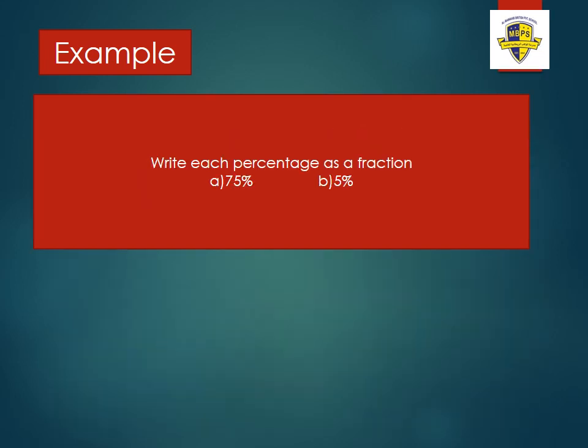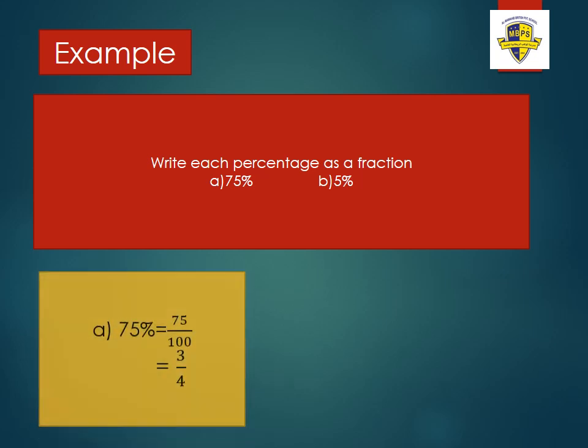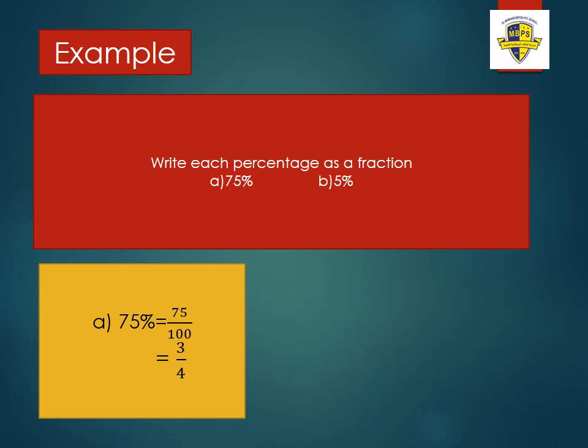Now we have another example. In this example, it asks us to convert percentages. It says, write each percentage as a fraction. A, 75%. B, 5%. To solve A, we will write 75% as a fraction.